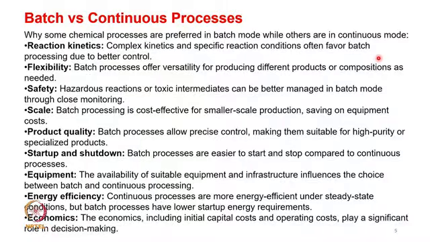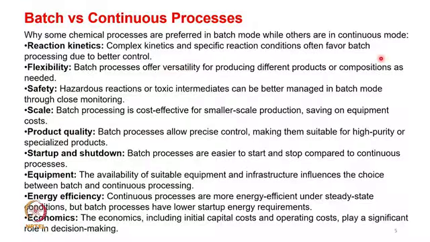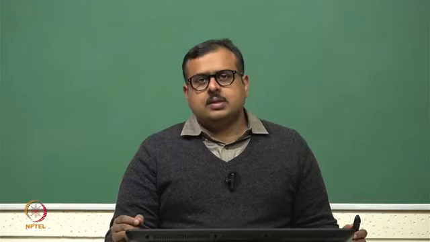in batch process? Let's have the following things evaluated: how things would work in batch as well as in a continuous process. Let's consider reaction kinetics. Complex reaction kinetics and better reaction conditions often favor batch process due to better control. Batch process essentially means that you charge the reactant or the desired process input ingredients into your batch reactor.